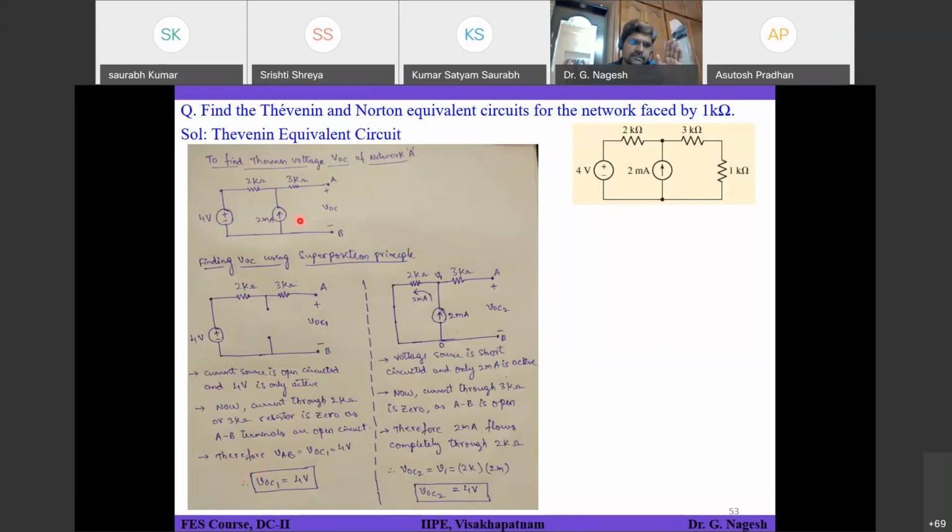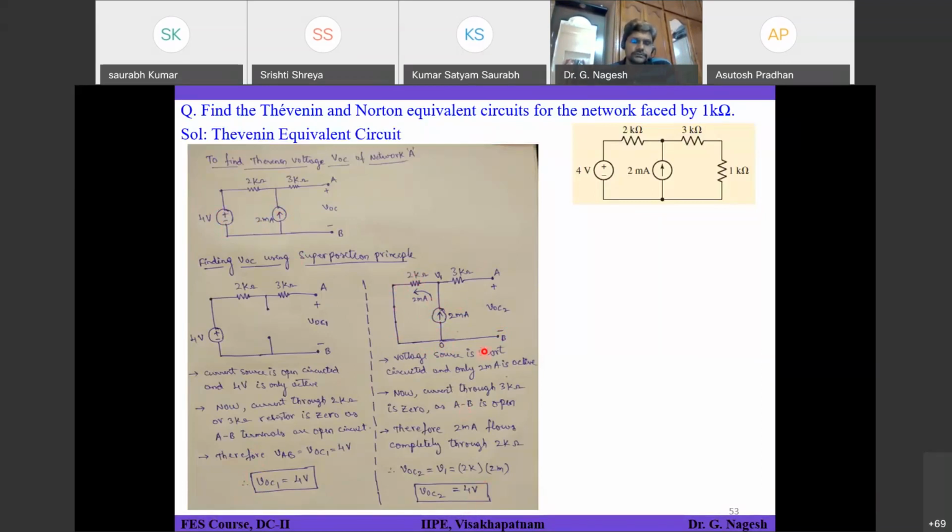Next, in the same circuit, only the current source is present and the DC source needs to be short circuited. So that's the scenario here. 2 milliamperes will flow in this direction only, because this is open, no current will flow. So what will be the voltage across the 2 milliamperes source, if you consider this as reference? 2 milliamperes flows in this direction, so 2 milli into 2K will be again 4 volts.